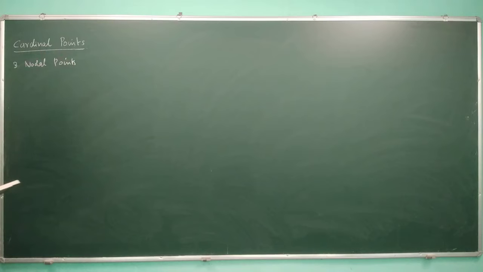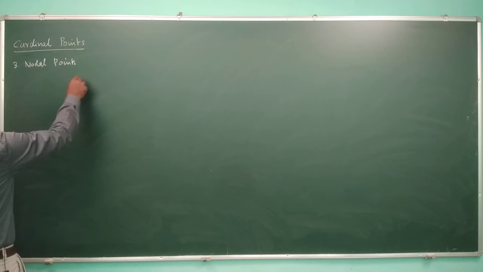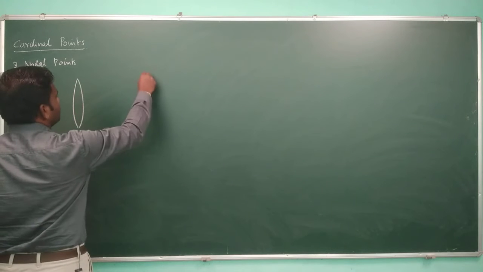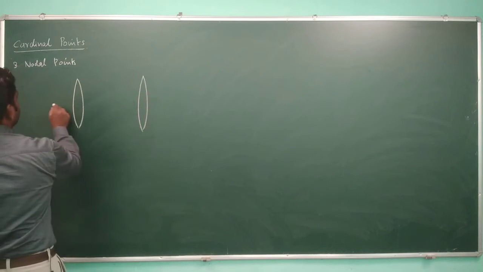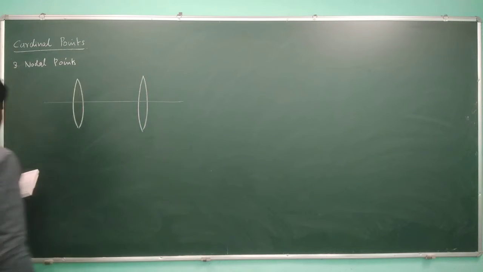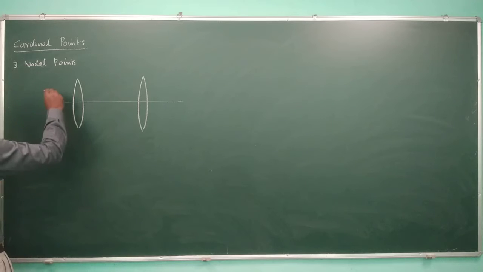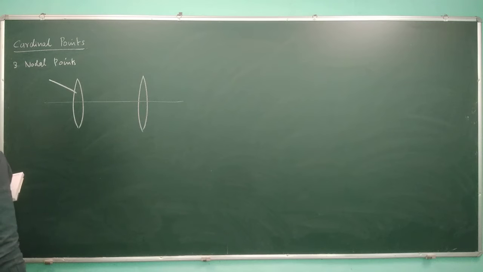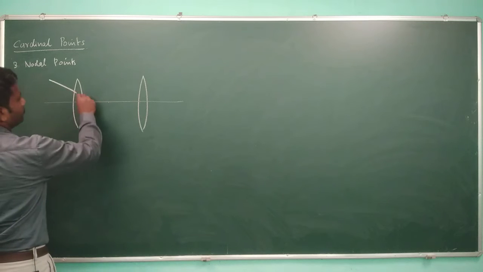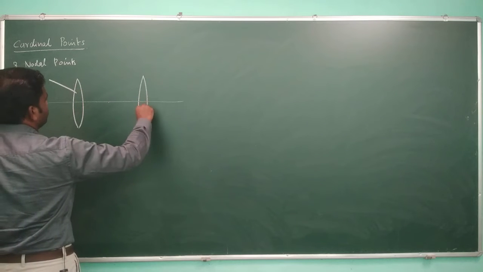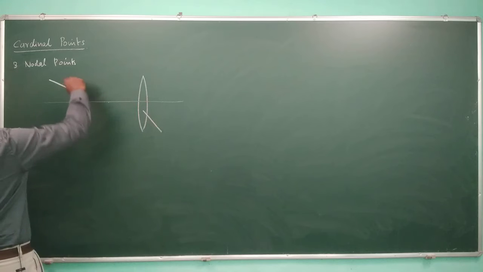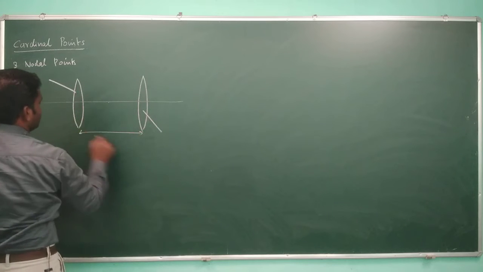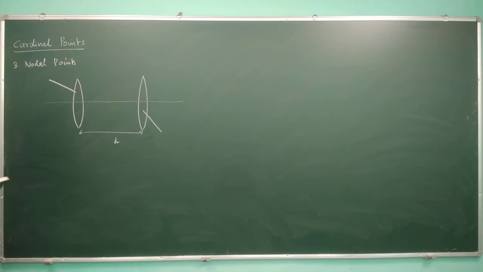Nodal points. Suppose there is a lens system like this, and this is an optical axis. If a light ray is incident on a lens at a particular point, these two lenses are separated by the distance d, this is a lens system.